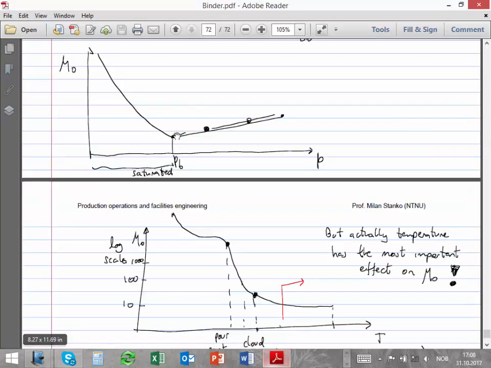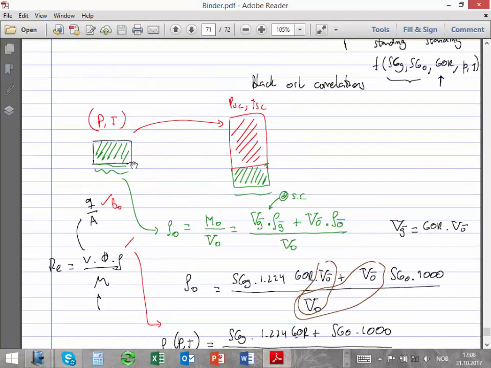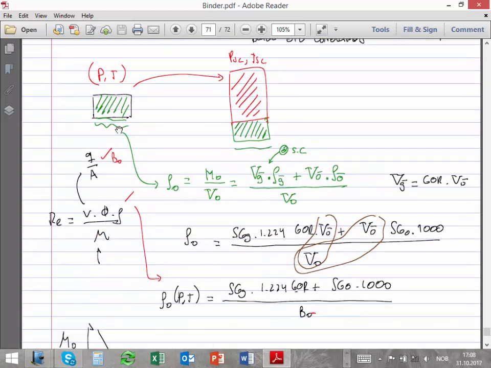Okay, so just a refreshment from last class. I told you that we made a very big assumption when we were calculating this well, when we made the IPR and TPR intersection. We said local rate is equal to standard condition rate. I told you that's only true if the oil is extremely incompressible and doesn't release any vapor, no gas comes out of solution.